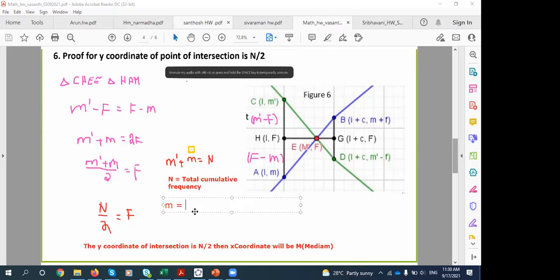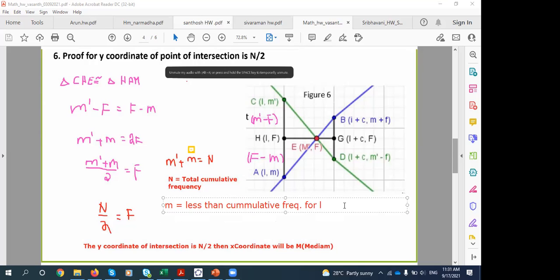So M is the cumulative less than frequency corresponding to L, right?